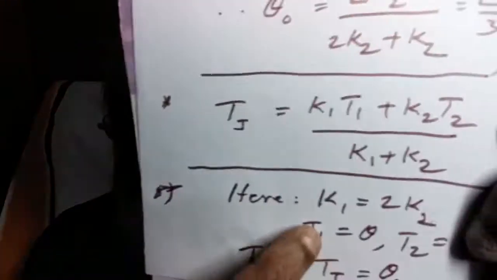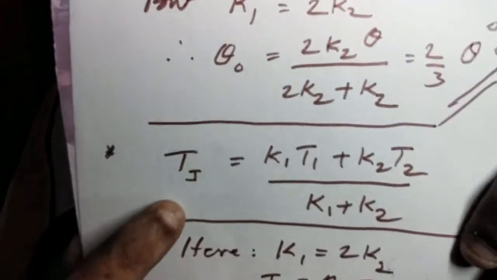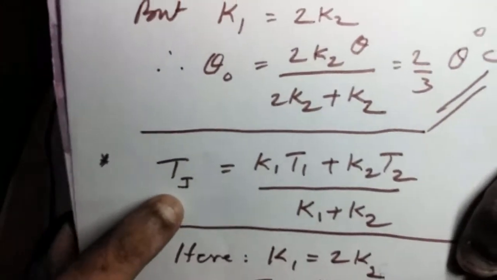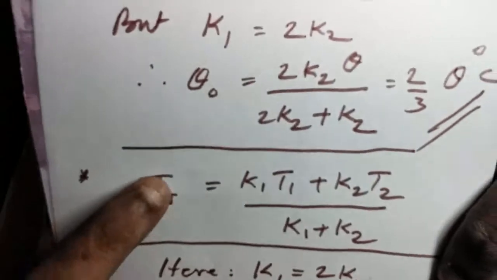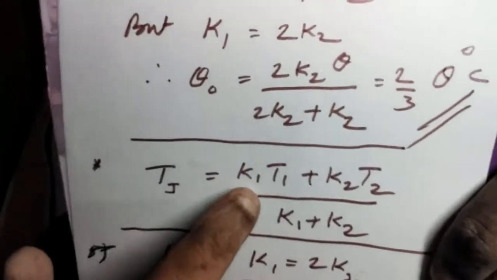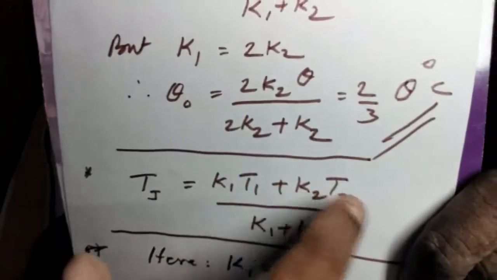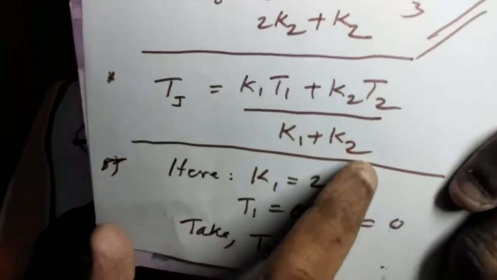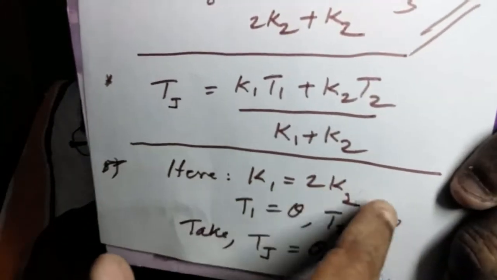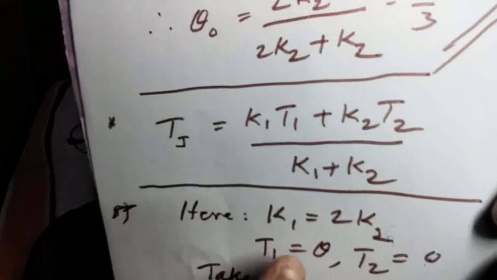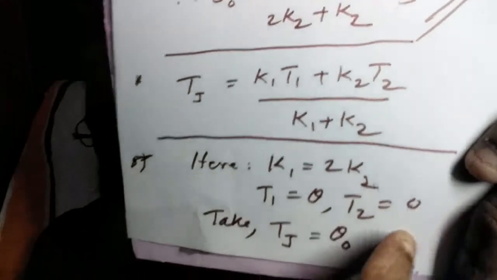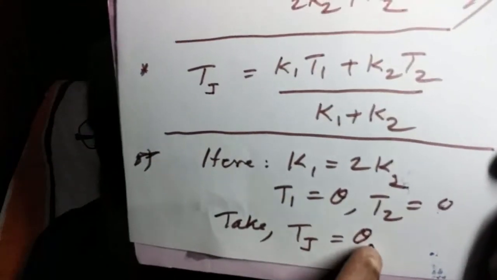But you can do it in entrance exams or competitive exams by remembering this formula. Temperature of the junction of two rods of same length and same area of cross section, I have given it to you. T junction equals K1 T1 plus K2 T2 by K1 plus K2. Here K1 is 2K2, T1 is theta, T2 is 0, and Tj equals theta 0. You will get the same answer.